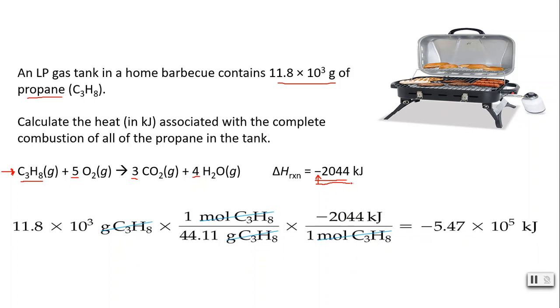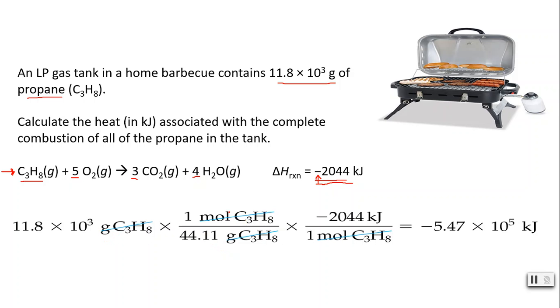I don't know how much heat's released with 11.8 times 10 to the 3 grams, but I do know for every 1 mole, I get this. So I take what is given, I convert it to moles using the molar mass of propane, C3H8, so 3 carbons plus 8 hydrogens. Once I do that, I'm in moles of propane.